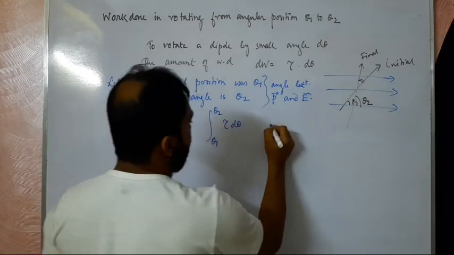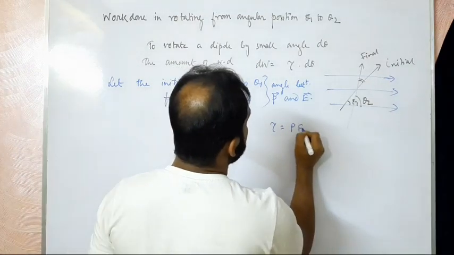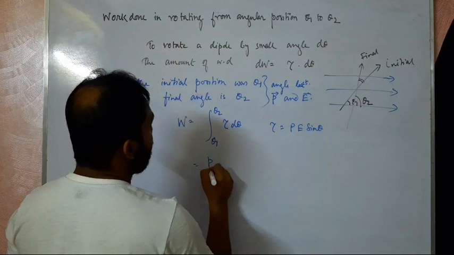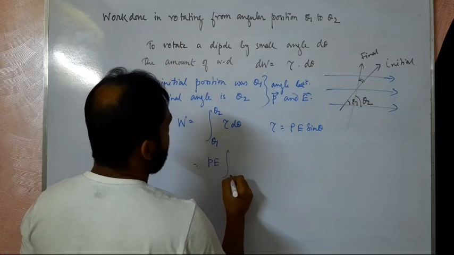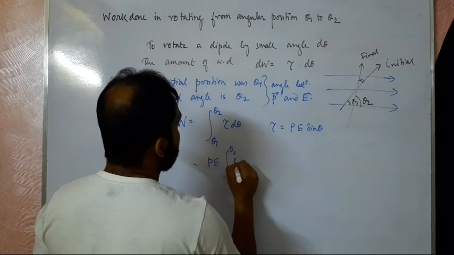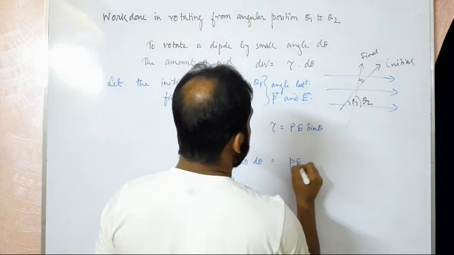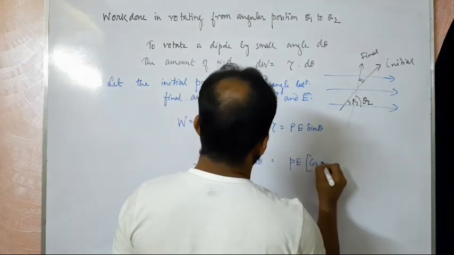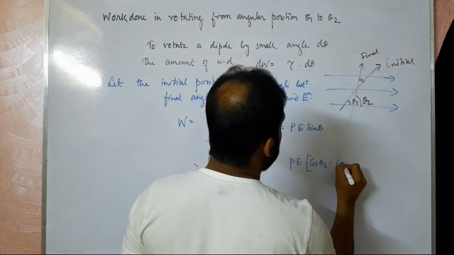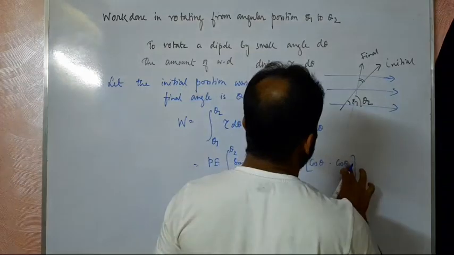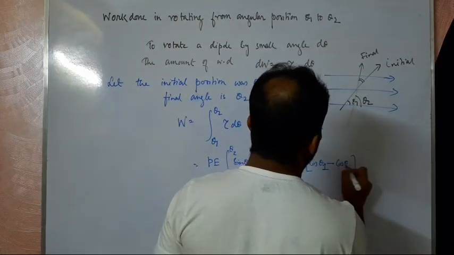Now what is τ? τ is PE sin θ. P and E both are constant. So PE times the integral from θ1 to θ2 of sin θ dθ. That means PE (cos θ2 minus cos θ1). Sorry, cos θ1 minus cos θ2.